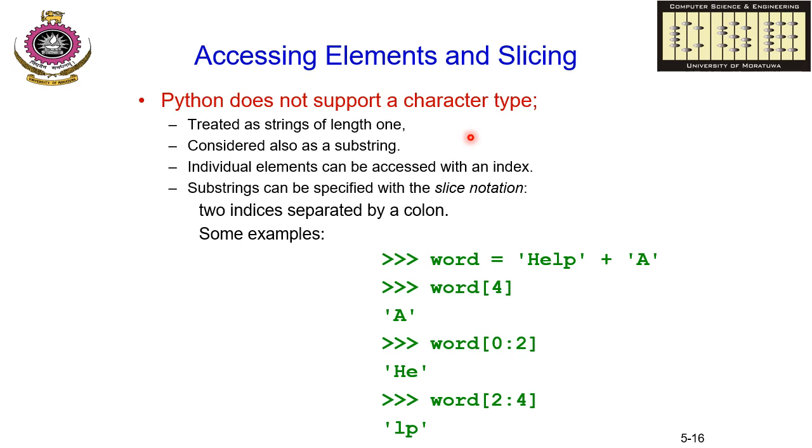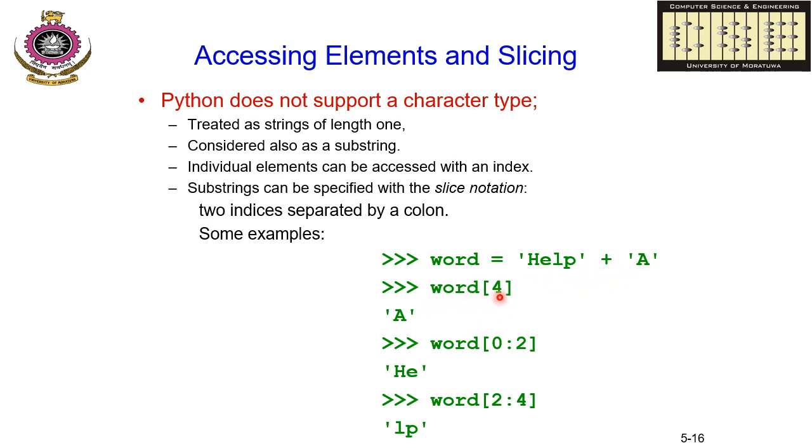Okay, so how do we access the individual elements? Using the index, right? Use the correct index and you will get the corresponding character. For example, here we have a concatenation operation, Help plus A, and when that is done, it will have how many characters? 5 characters.